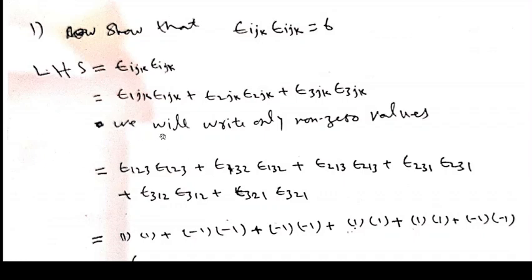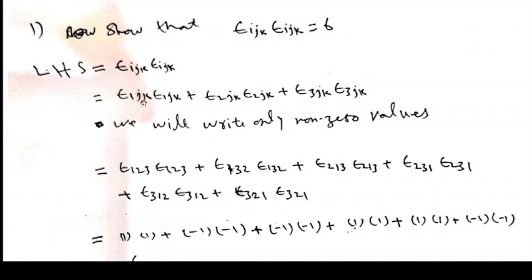Here I have written only the non-zero terms. We have more terms, but their values are 0, so we did not write those terms whose values are 0.